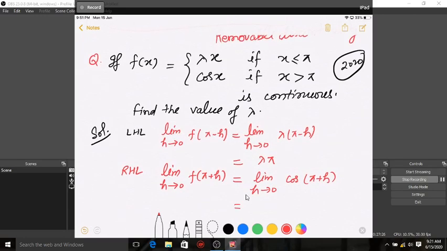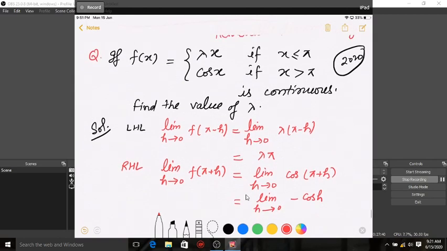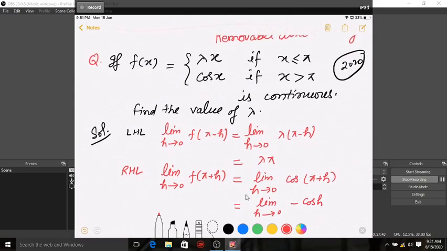You know the value cos(pi plus h) is equal to minus cos h. And if h tends to 0 and cos 0 is 1, so its value is minus 1.